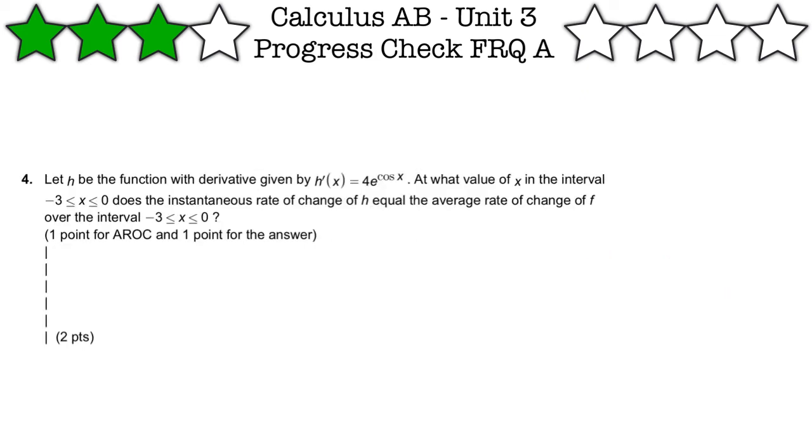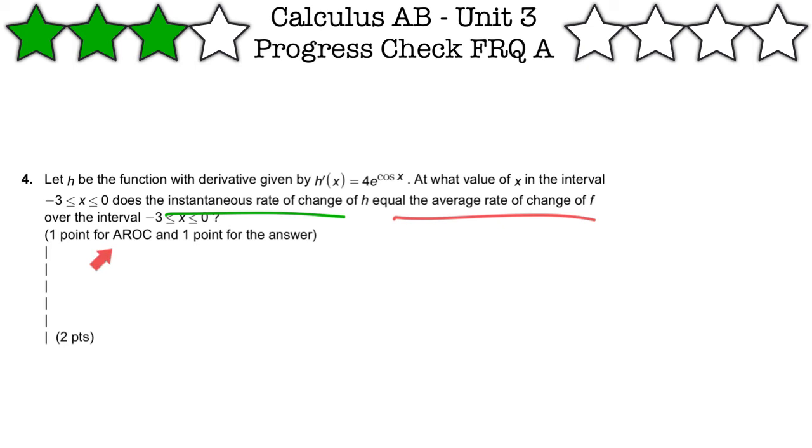Okay, we made it to part 4, the very last part. It introduces a new function h and defines its derivative to be 4e to the cosine x. It's looking for an x value in the interval -3 to 0, and that x value is where the instantaneous rate of change of h, which is h prime, is equal to the average rate of change of f.